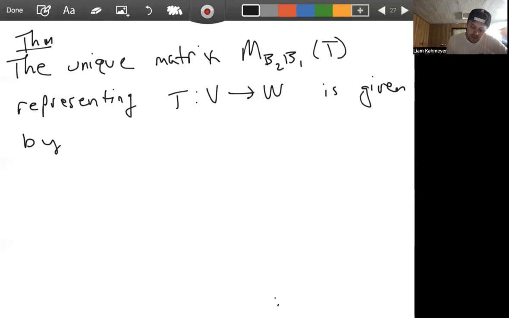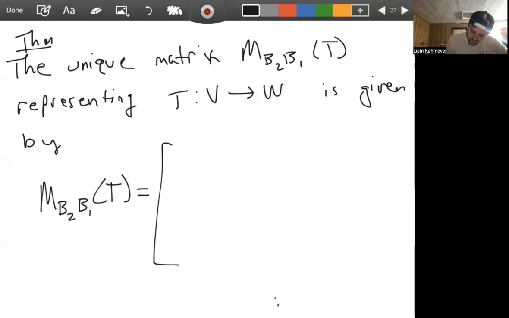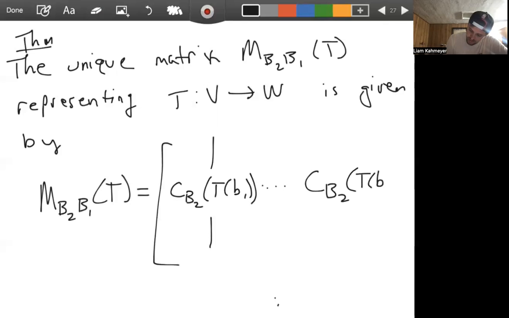But that's kind of apparent in how I'm denoting this. This is defined to be the matrix that consists of column vectors CB2 of T(b1), et cetera, through CB2 of T(bn).